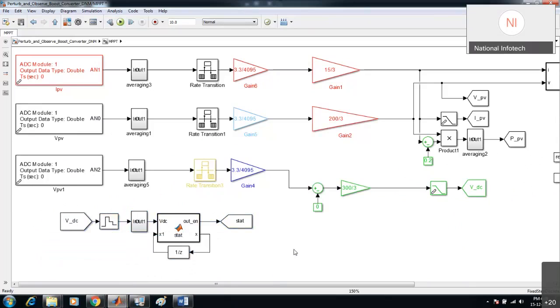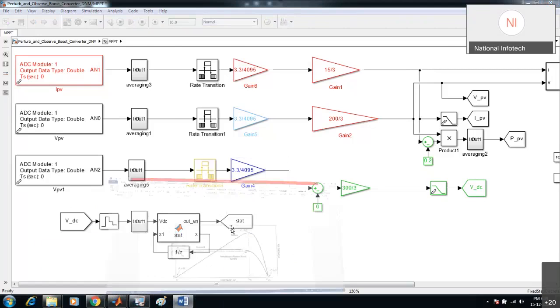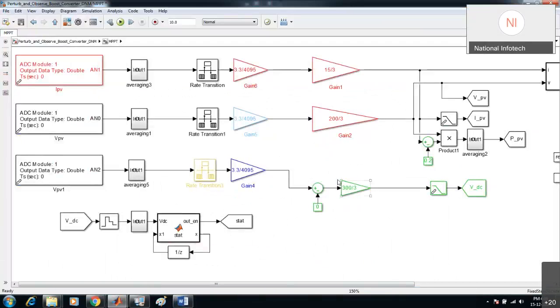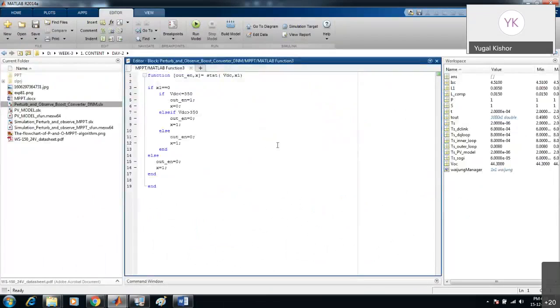In the open circuit, when you have not connected the load, the energy keeps getting stored in the boost converter capacitor, and the voltage will be increasing and increasing. In order to avoid that, we have kept here some lock. You see this 350.